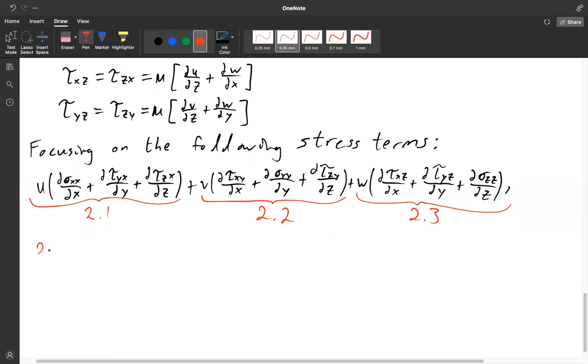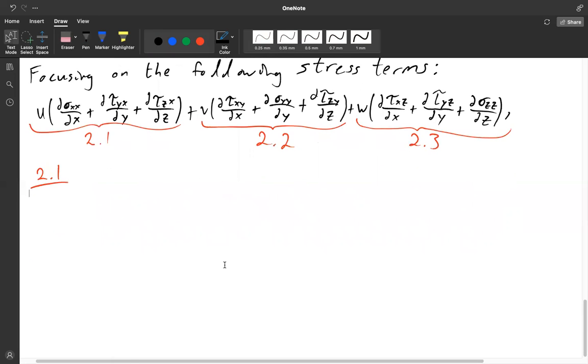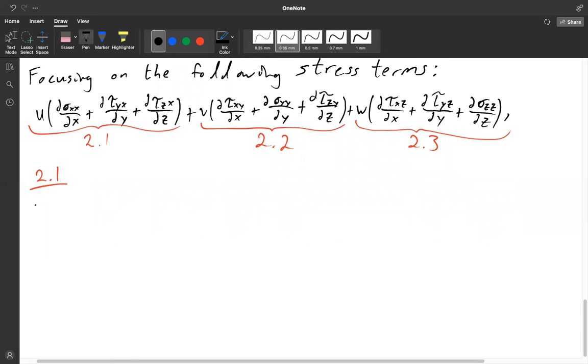So looking at 2.1, we have u times partial sigma xx partial x plus partial tau yx partial y plus partial tau zx partial z.